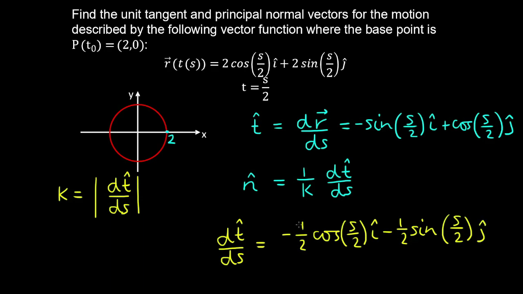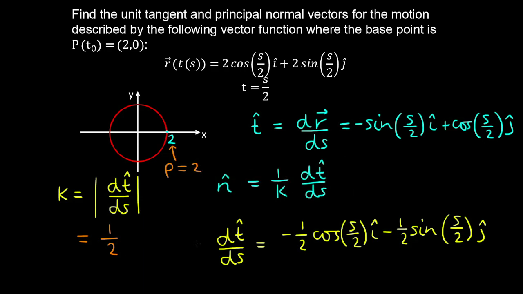So the magnitude of this vector is equal to the square root of 1/2 squared, which is equal to a half. So this makes sense because the radius of curvature of the circle is the reciprocal of the curvature, being equal to 2.